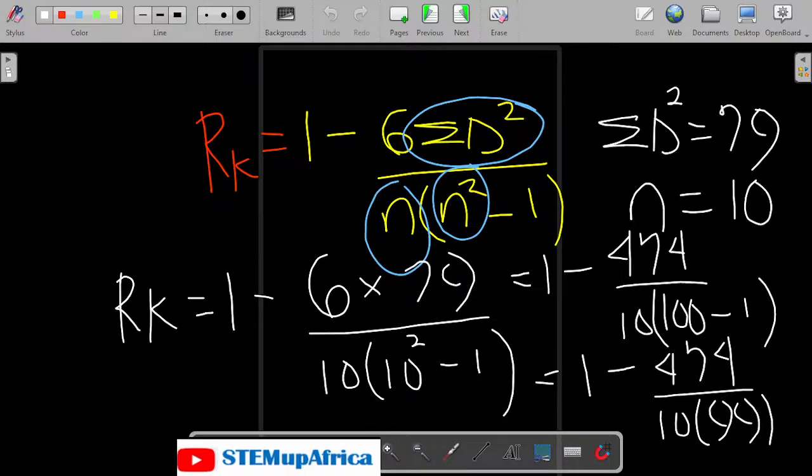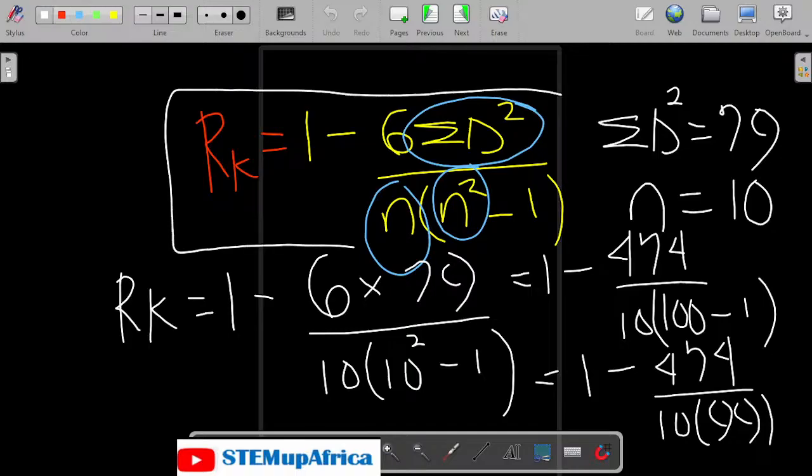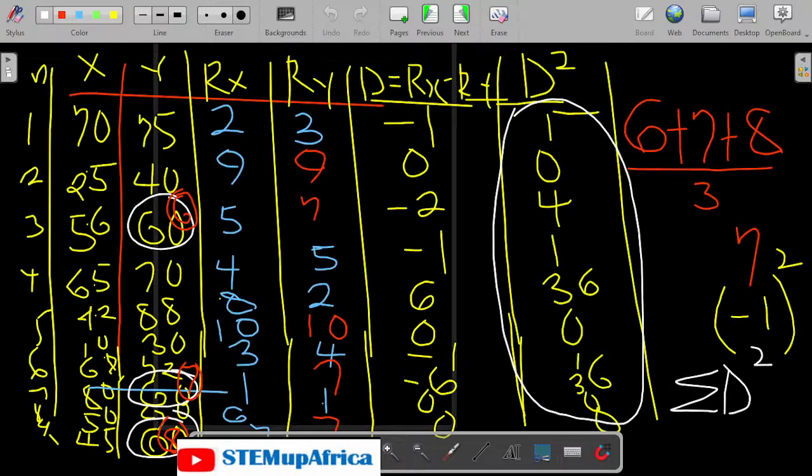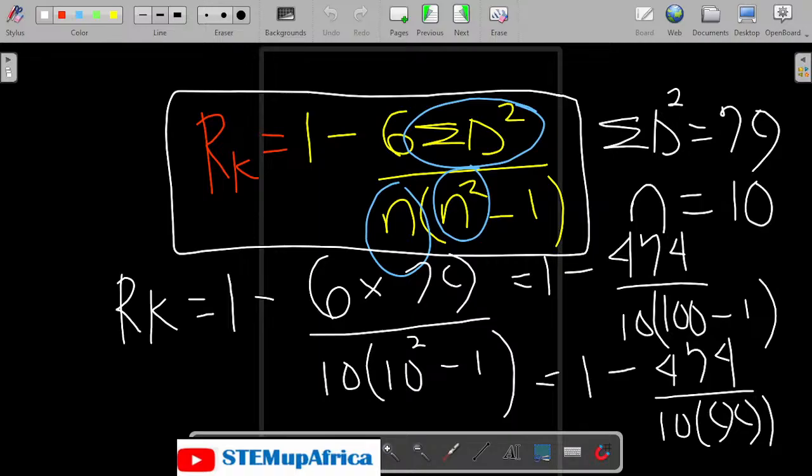So this is the formula for the Spearman rank correlation. This is a mathematical formula. We have gotten the summation d square, which we got from the table. We sum everything here to give us summation d square, and the value gave us 79.